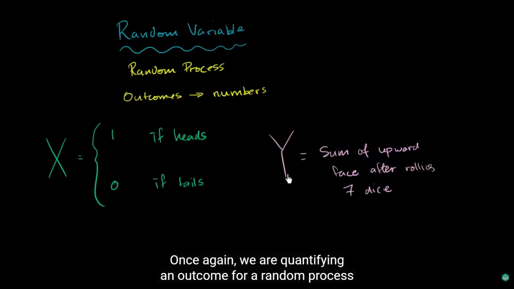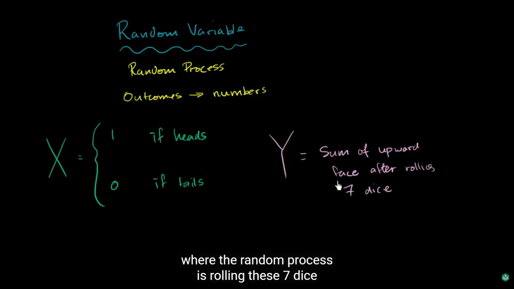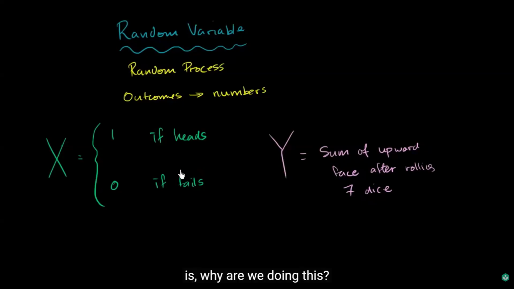Once again, we are quantifying an outcome for a random process. The random process is rolling these 7 dice and seeing what sides show up on top. And then we are taking the sum and we are defining a random variable in that way. So the natural question you might ask is, why are we doing this?